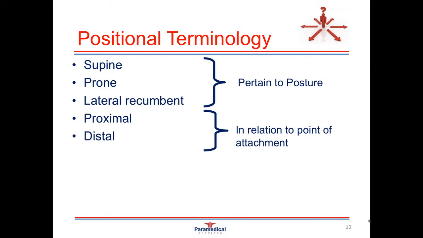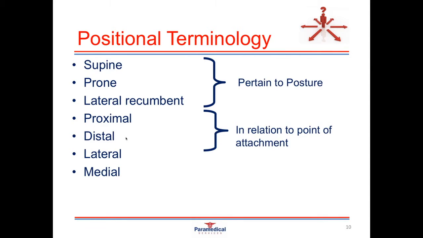So my fingers are distal to my shoulder. Proximal means that it's the closest point of attachment. My shoulder would be proximal to my fingertips because my shoulder is the closest point of attachment to my trunk, versus my fingertips, which is my most distal point of attachment to my trunk.